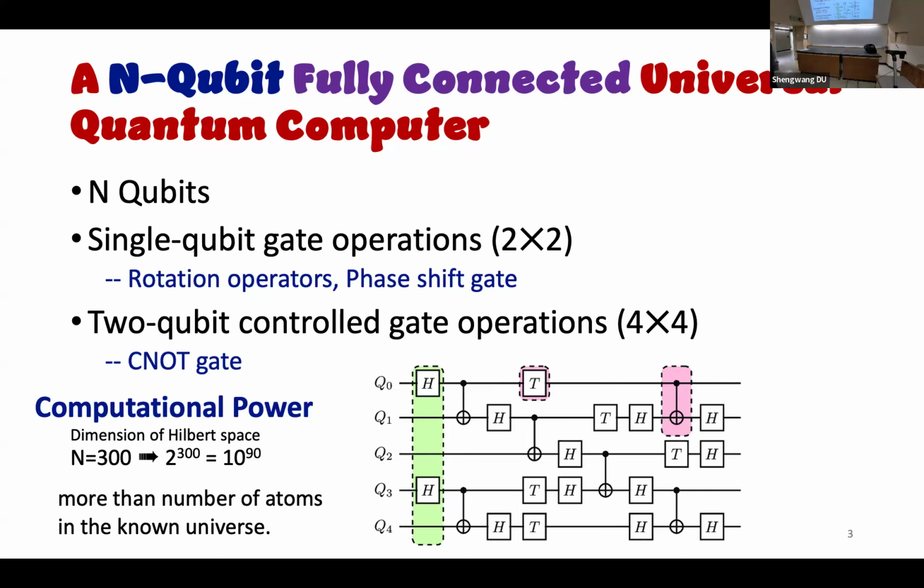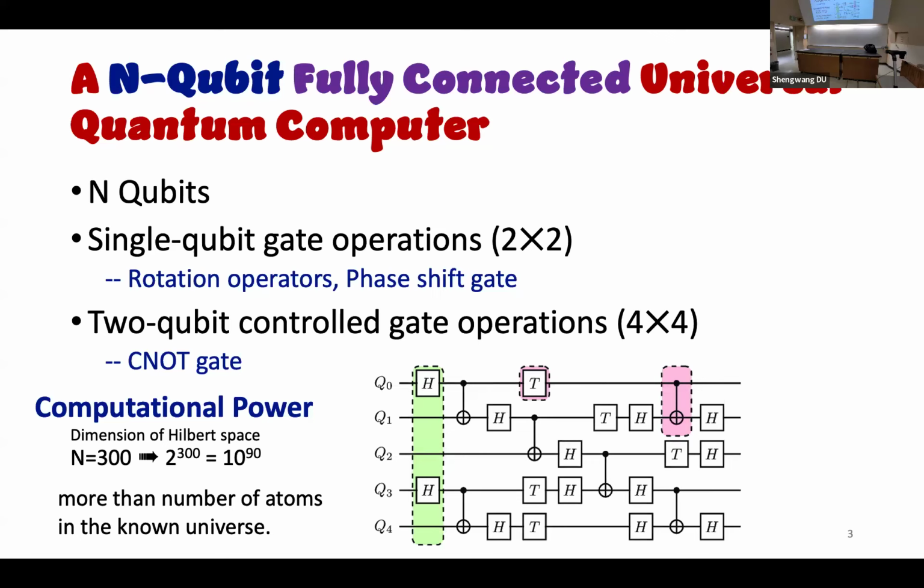In the classical computer, we know it is made of nodes and basic logic units, then you build up the entire circuit. For a quantum computer, let's say you have n qubits, fully connected. A fully connected universal quantum computer requires n qubits, where one qubit can be one atom or superconductor circuit, and also requires single qubit gate operation.